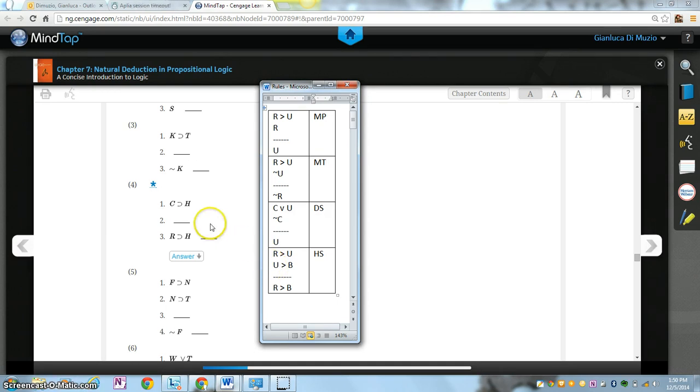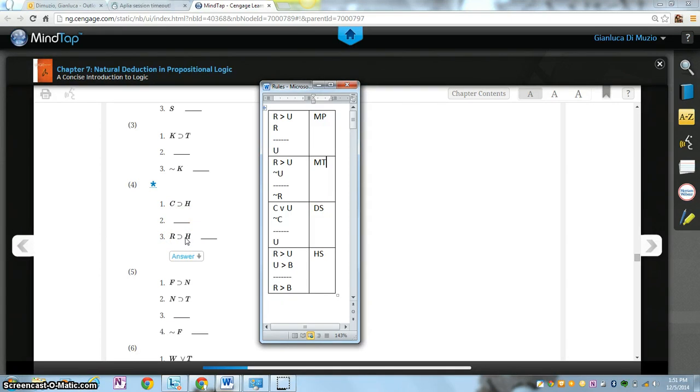So here on line 2, there must be another conditional. But not any conditional, right? Because we have to find a conditional that goes with the other conditional in a way that would allow you to derive if R then H by hypothetical syllogism.